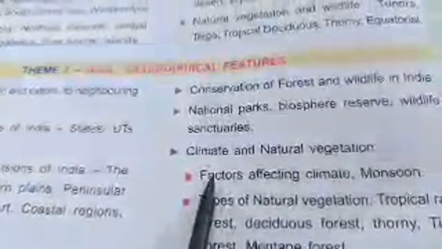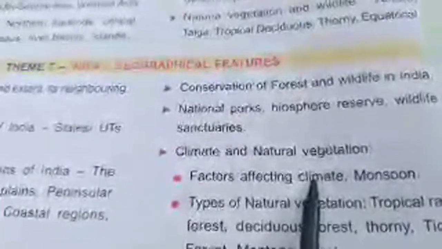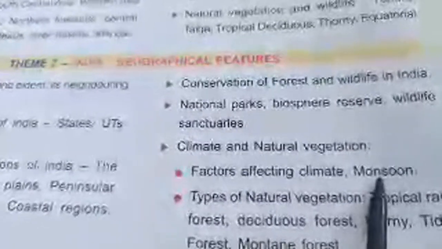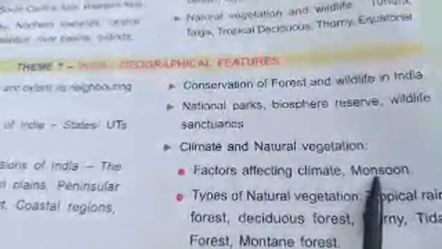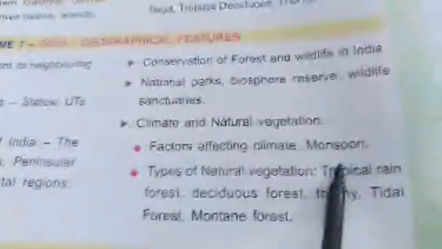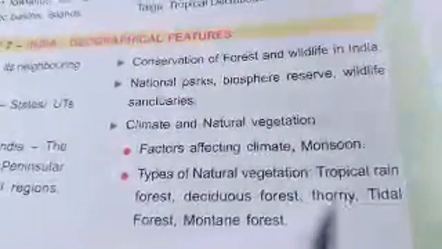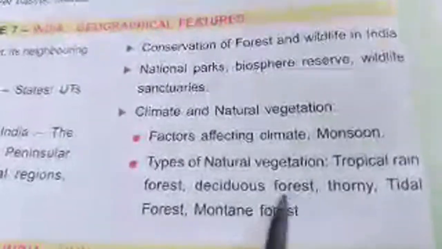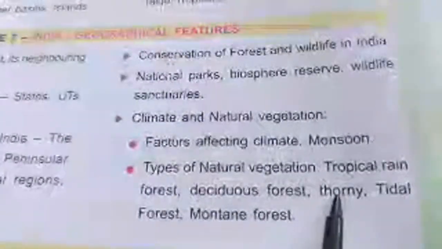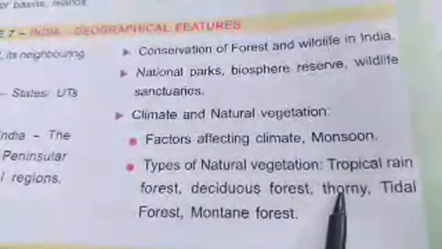In this you will study the factors affecting the climate, and the climate which is found in India is the monsoon type of climate. So you will study what is monsoon, and how it affects the climate of India. Then you will study about the types of natural vegetation, that is the tropical rainforest, deciduous forest, thorny forest, means the vegetation which is found in the deserts.